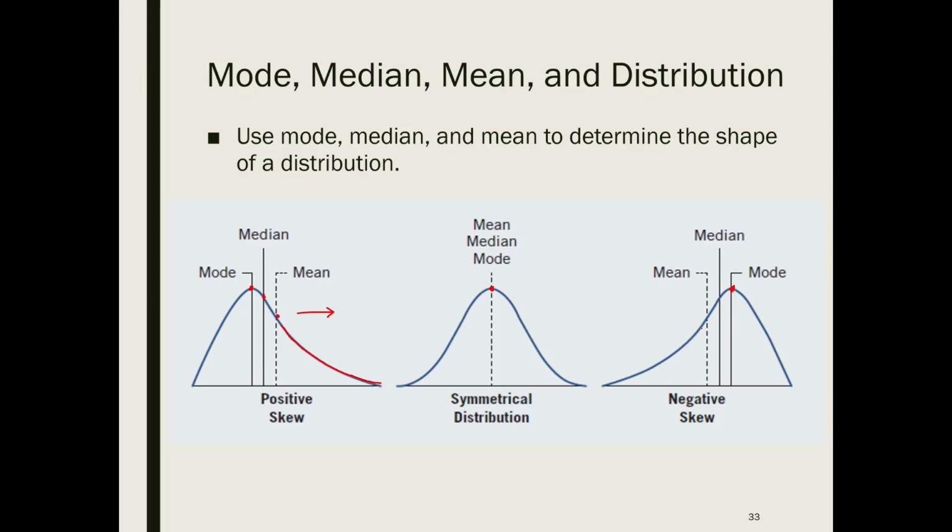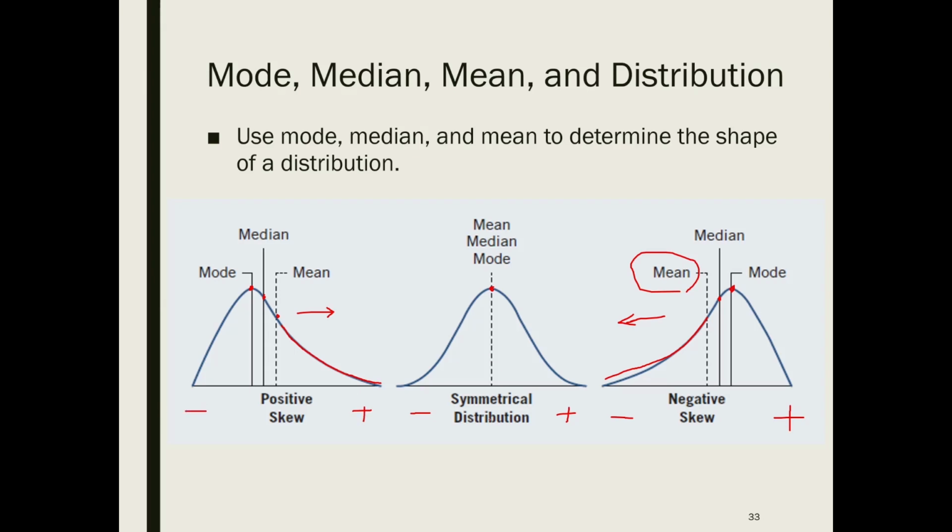On the other side, in the negative skewed, the median is still here, but since we have a long negative tail, it drags the average to the negative side. So the mean is less than the median. Always remember the left side is negative, the right side is positive, right?